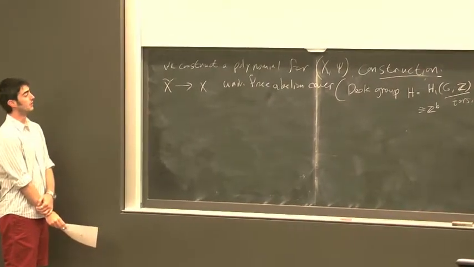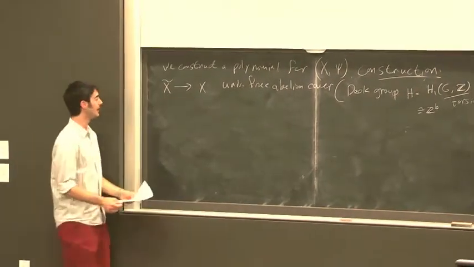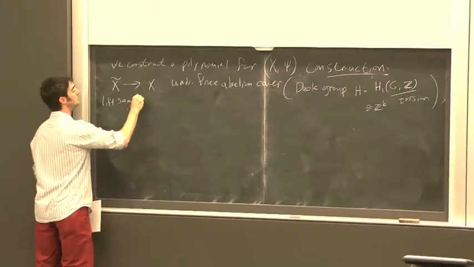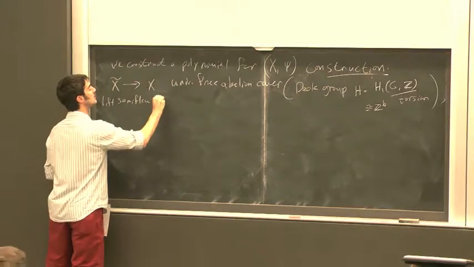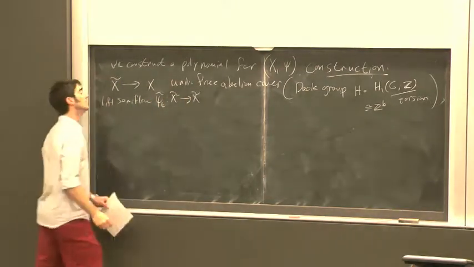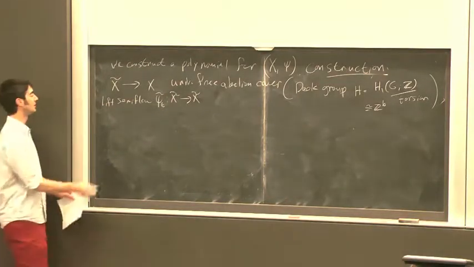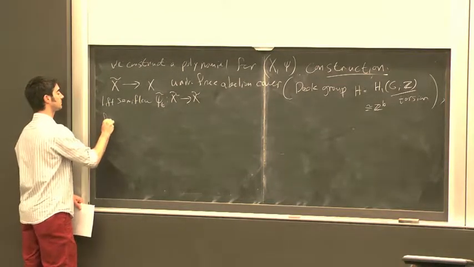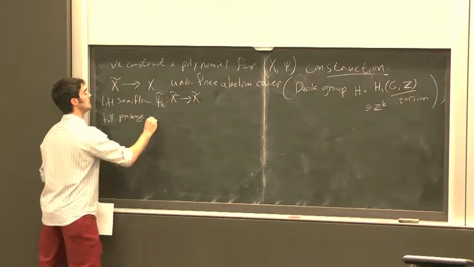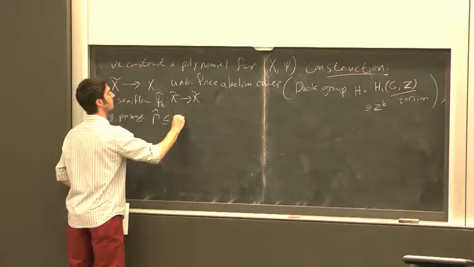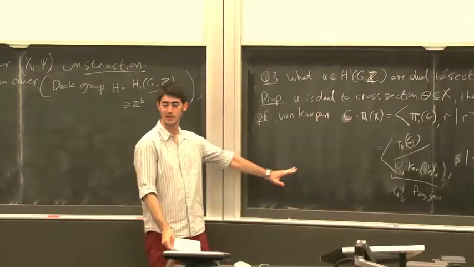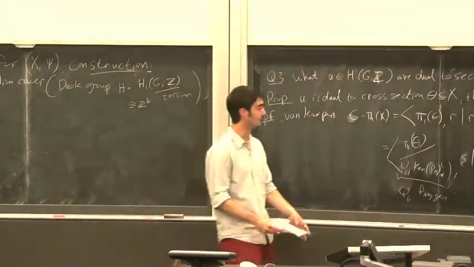Great. So I do this, and then I lift the semiflow. You just lift it, it's not too hard. And I consider the pre-image of my graph. Remember, the mapping torus was a mapping torus of a graph gamma.